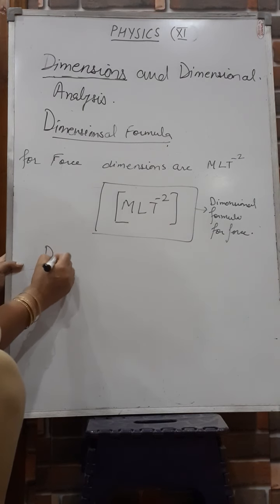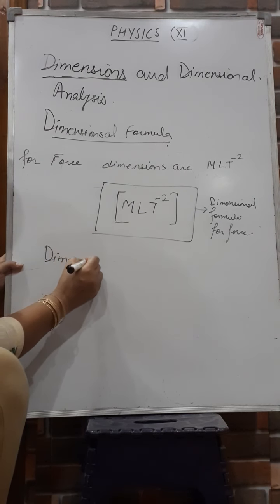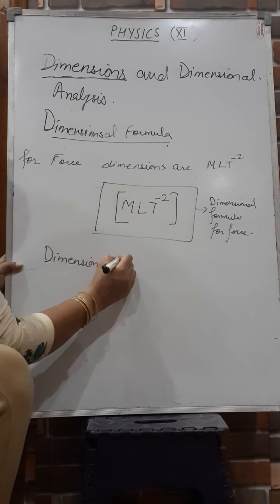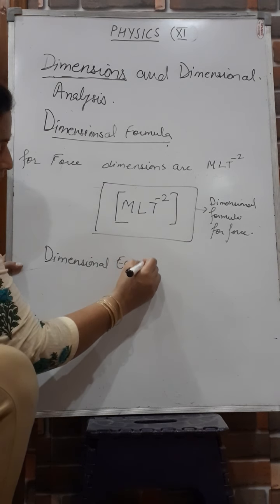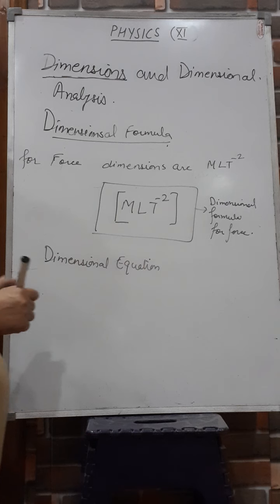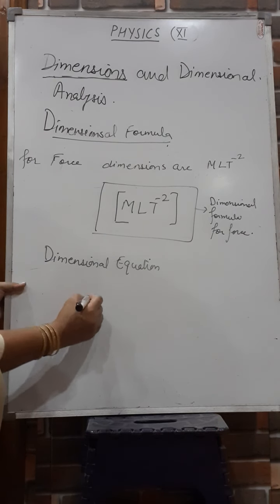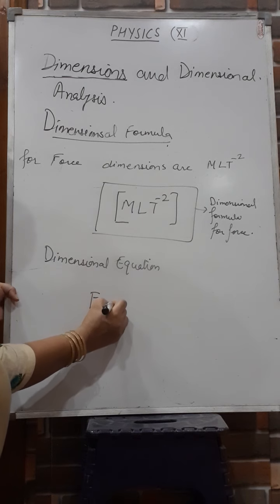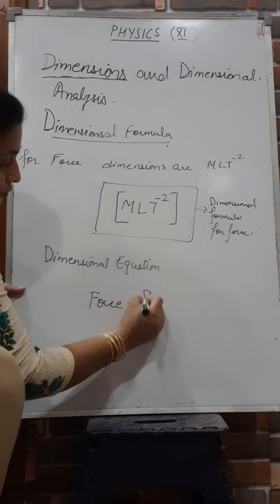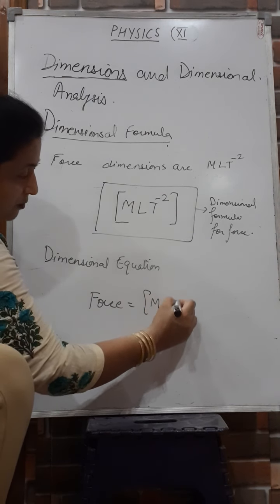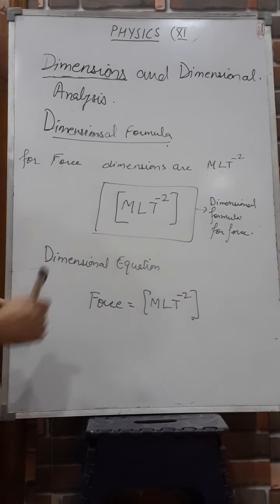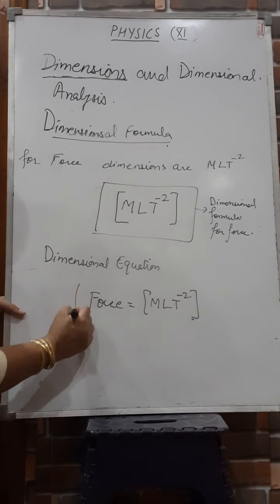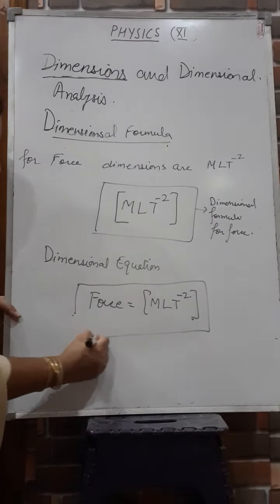Next is dimensional equation. When we equate the physical quantity, that means if I write force is equal to [M L T minus 2] in square brackets, this is called a dimensional equation.